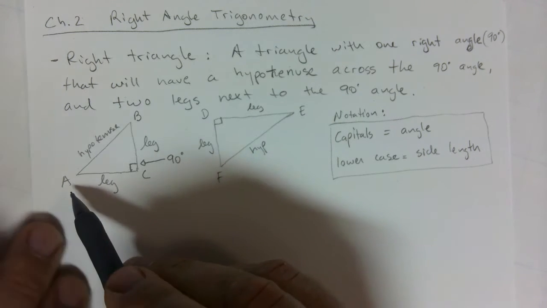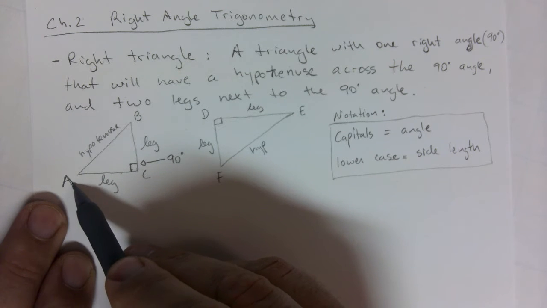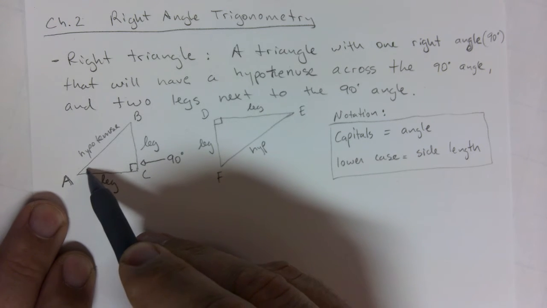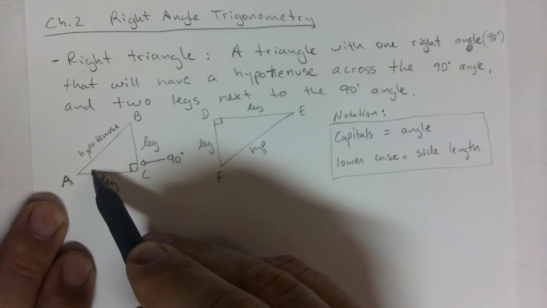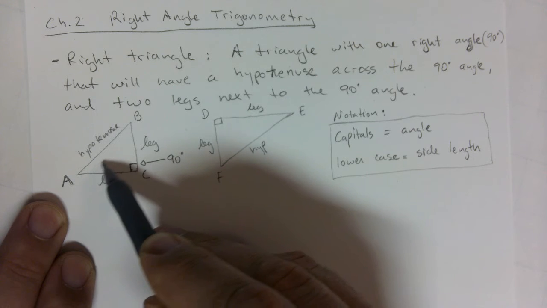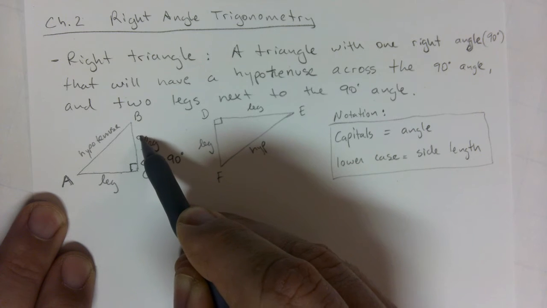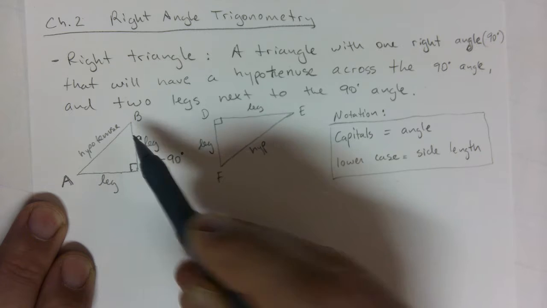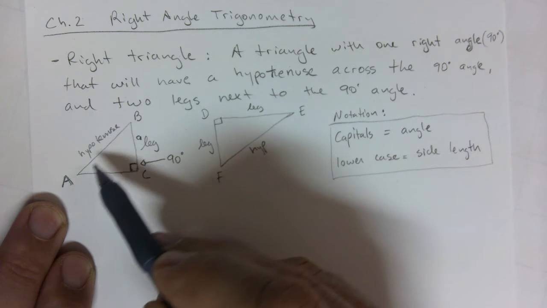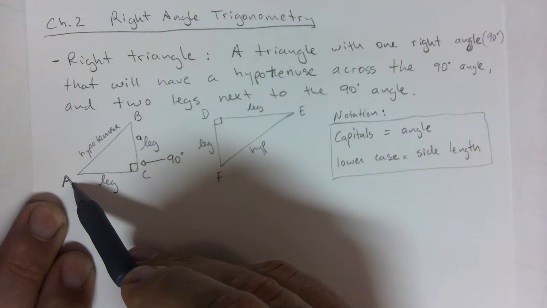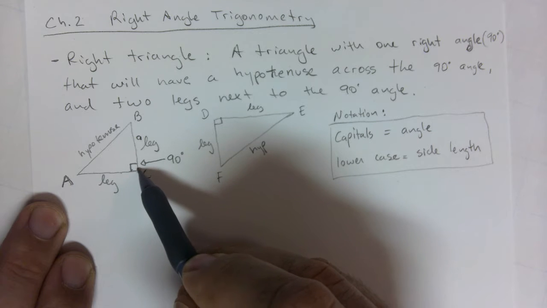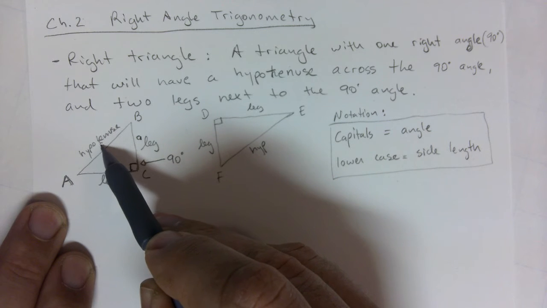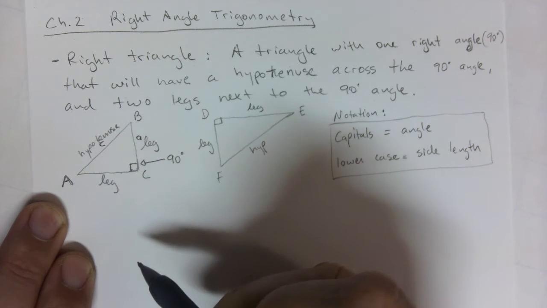Conventionally, if capital A is here, then we refer to the side across from it. This is talking about this angle, this opening here, which we will measure in degrees. We know that the side length across from it is a, so lowercase a will be across capital A. If this is angle C here, across from it is c like that.